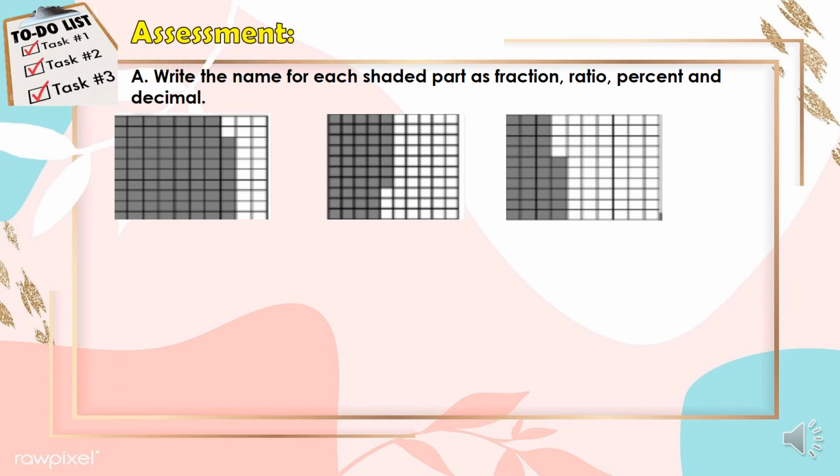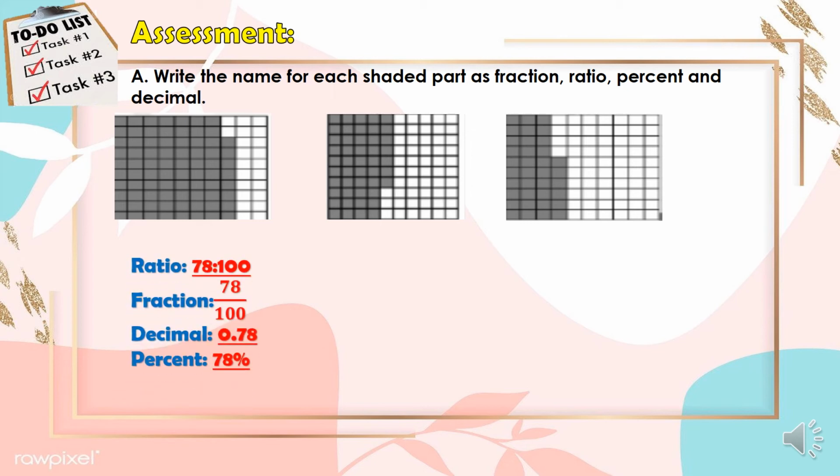Okay, for the assessment, for letter A, write the name for each shaded part as fraction, ratio, percent, and decimal. So we have 3 illustrations. For number 1 illustration, we have the ratio, the fraction, the decimal, and the percent.